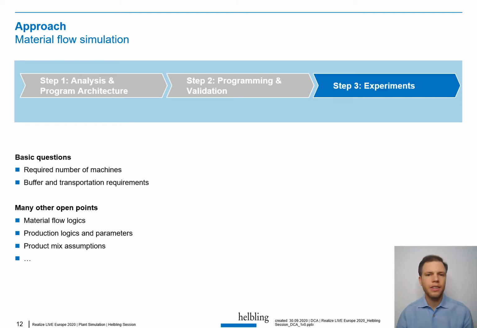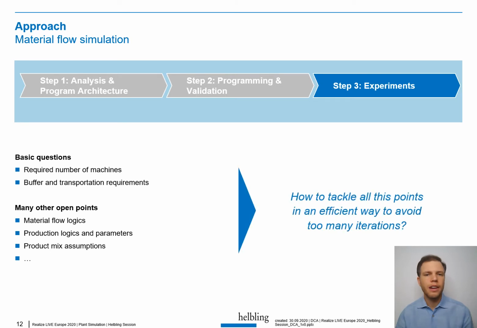For this project, the basic questions to be answered by the experiments were the dimensioning of the production equipment and the interlogistic systems. However, because of the complexity of the system, we ended up in this last step with many additional open points, because we needed to test and understand the behavior of certain decisions in a running model first. Kind of a chicken and egg problem.